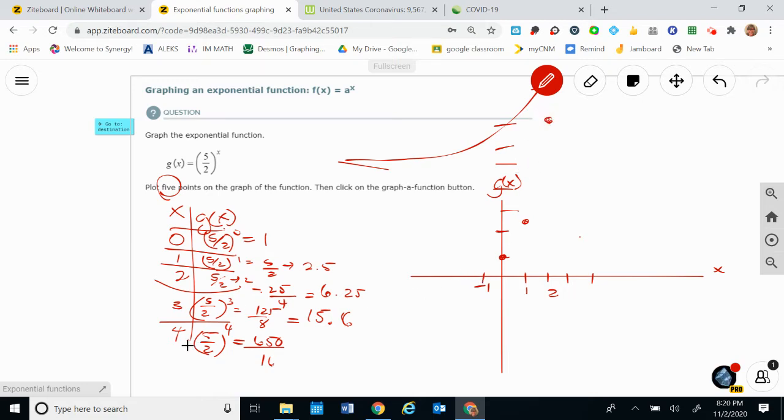I actually like to do -1/2 to plug it in, because then you get 5 halves to the -1/2, which is, remember the negative will flip it. So you get 2/5 squared, which is 4/25, which is about 1/4.